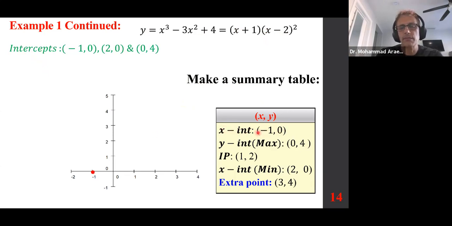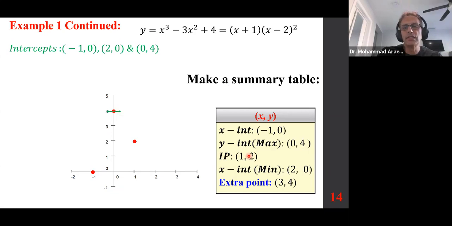The y-intercept, which happened to be a maximum, is at (0, 4). And we draw this one because it's a max. That means it doesn't go beyond that.